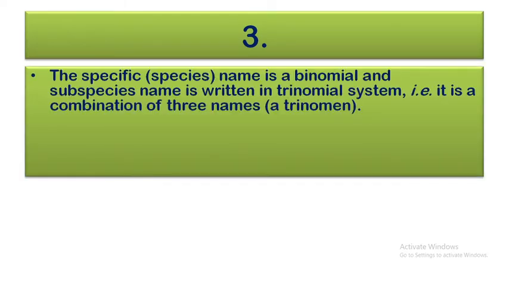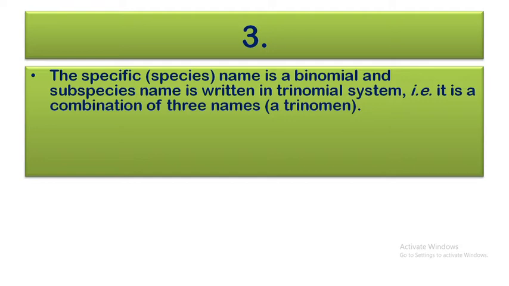Then the third one: the name of the species is a binomial. First of all, you will have a genus name, which should be a single name, and then the species name. When these two are there, it is called binomial nomenclature.